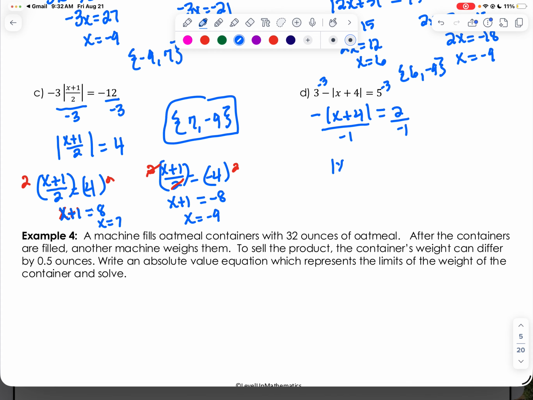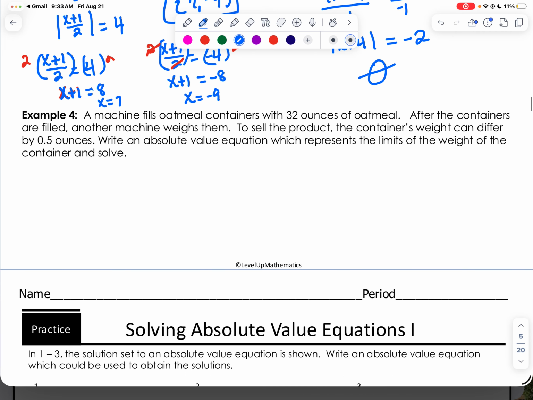So the absolute value of x plus 4 equals negative 2. Now, I'm going to stop right there because I can already tell this equation has no solution, because this is saying what two numbers are negative 2 units away from negative 4. Distance cannot be negative, so this problem has no solution.